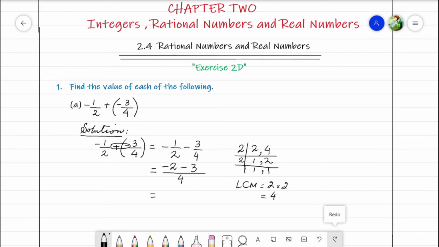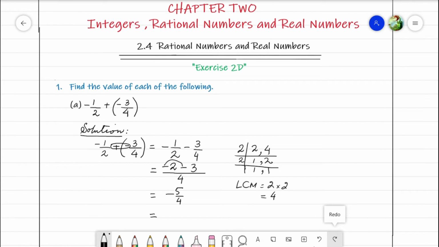And in the numerator there is negative 2 minus 3, and now I can add or subtract the numbers in the numerator. Which has the bigger absolute value? 3 is bigger than 2 and the sign of 3 is negative, so negative will come, and minus minus plus, you will add them. That would be 5 upon 4.